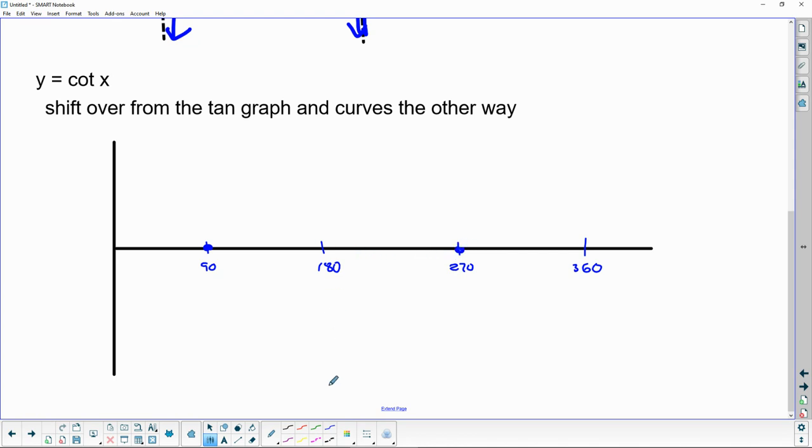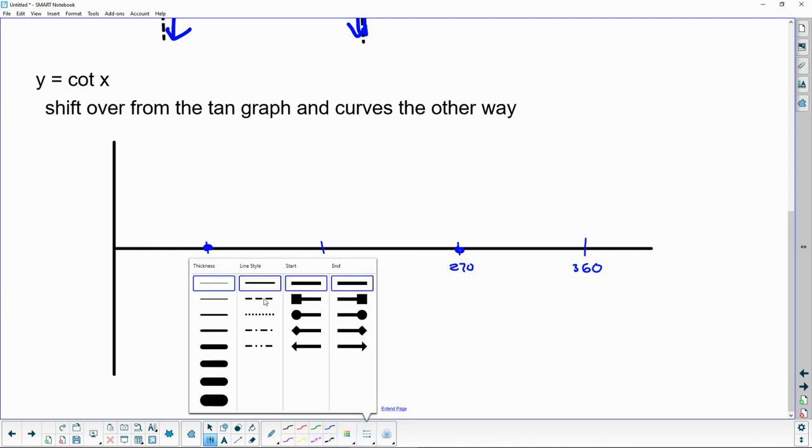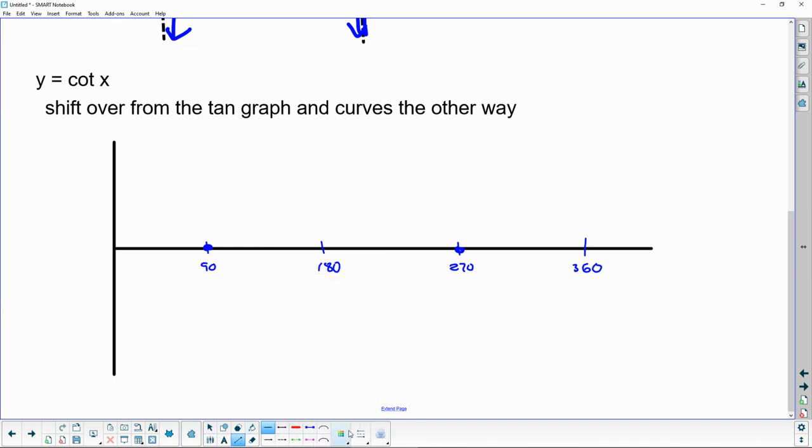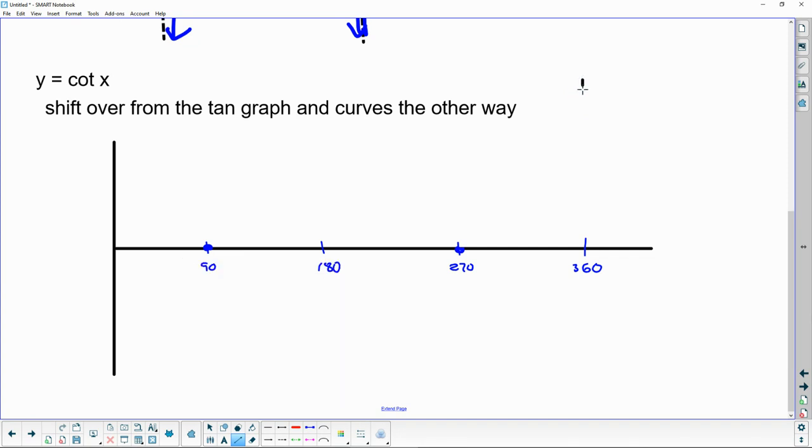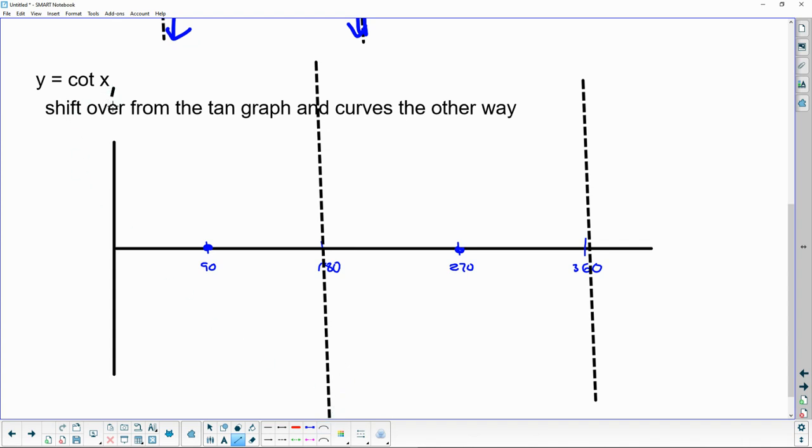Okay, our asymptotes are 180, 0, and 360. Let's use a straight line tool for that. So, got our asymptote there, and one here, and one here.